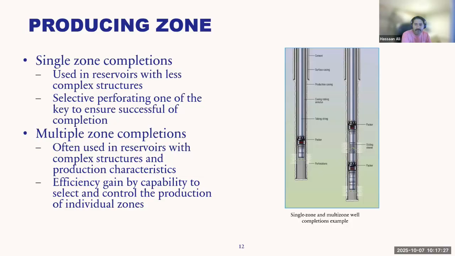You are isolating two zones because the zonal properties can be different. For example, one of the zones can be a low pressure zone, and the other one could be a high pressure zone. So you don't want what we call fluid migration. So we isolate the two. This is what we call a multi-zone completion.